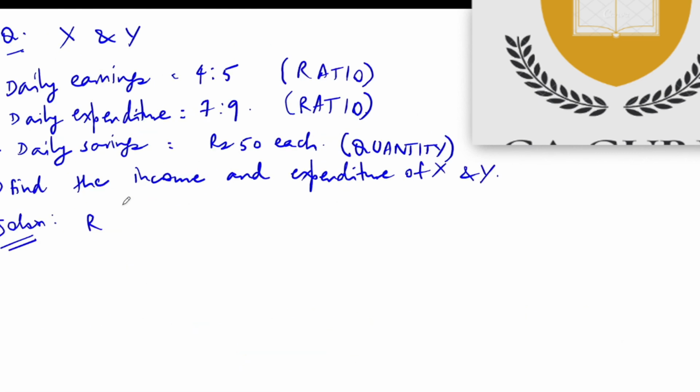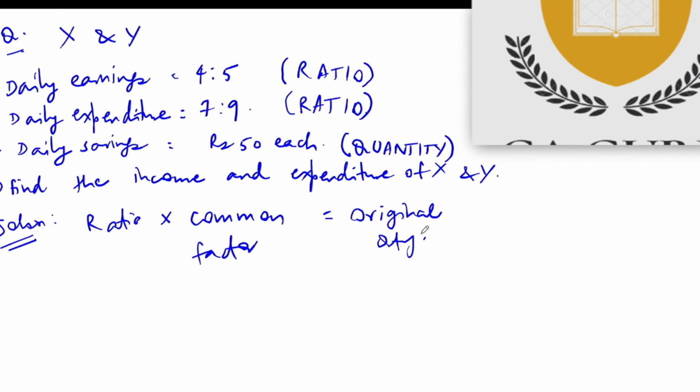Okay, so I have a ratio now. This is a simplified version. If I multiply this with the common factor, what I get is the original quantity.